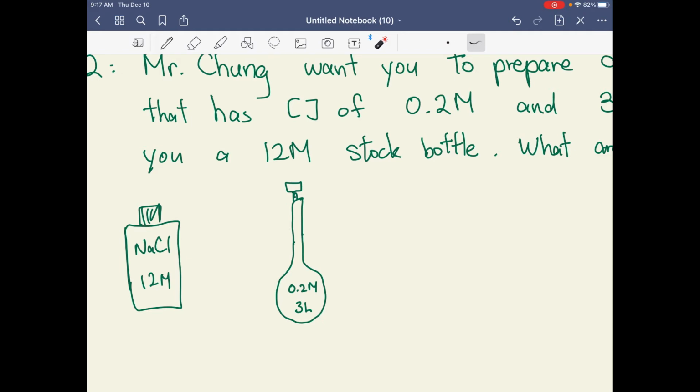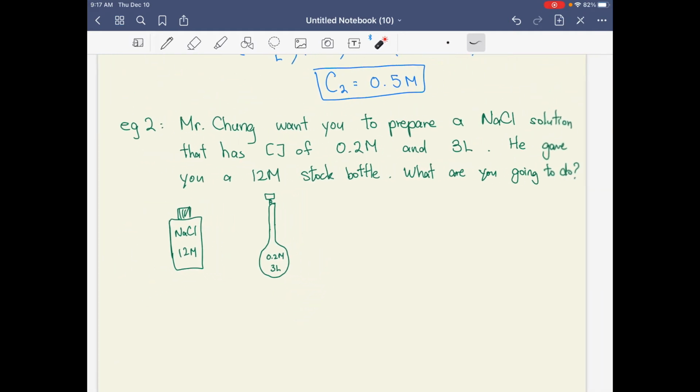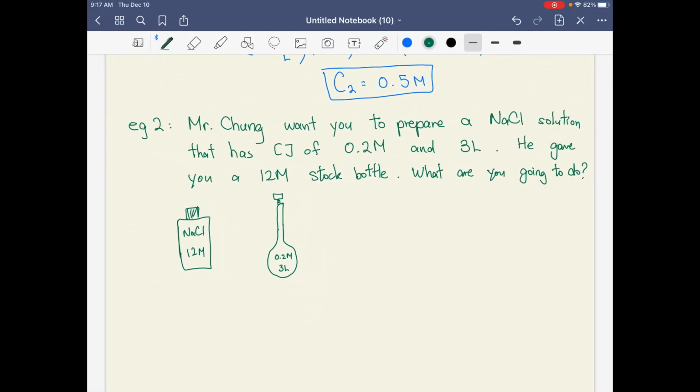So when you think of that strategy, which variable are you really trying to calculate? I have C1V1 equal to C2V2. This is a dilution question, because your final concentration is lower than the initial concentration.